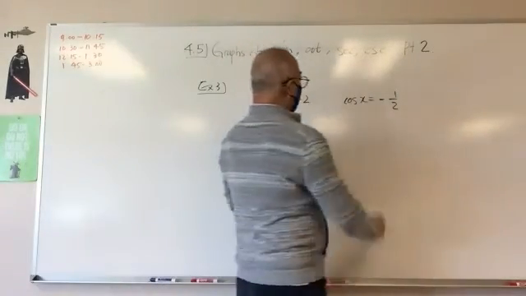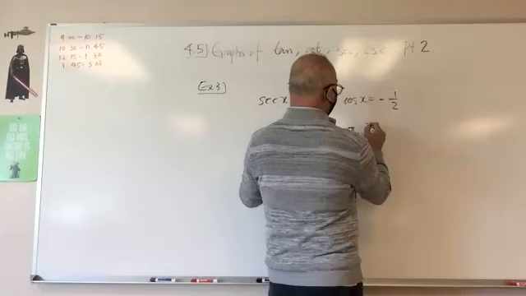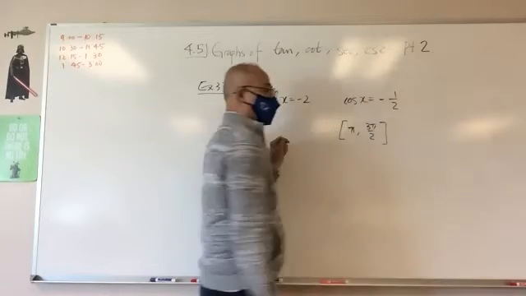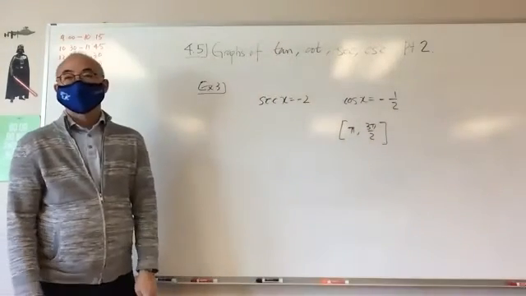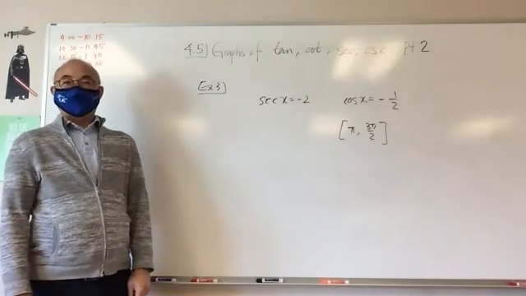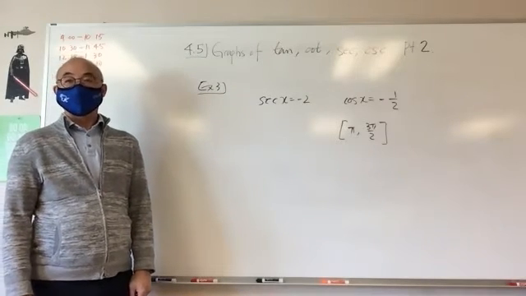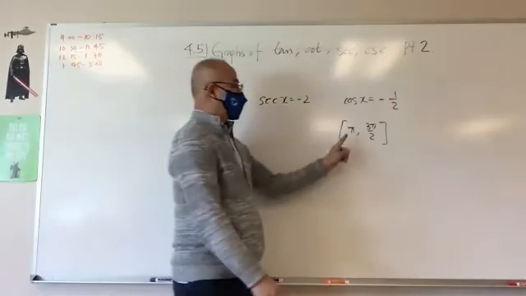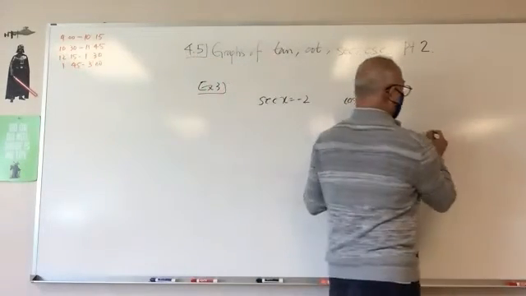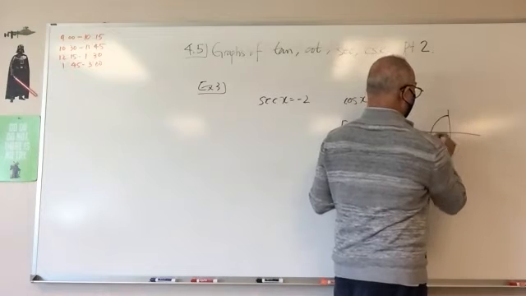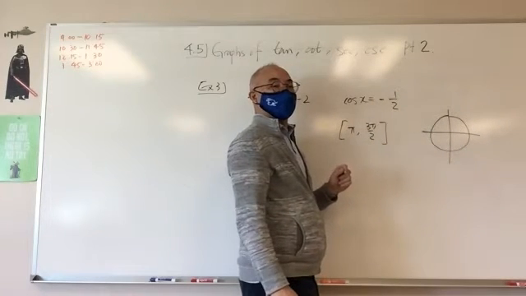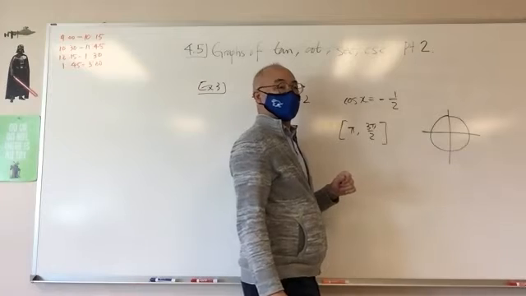But I'm looking for the value between pi and 3 pi over 2, which is which quadrant? The third quadrant, right? Because it's 180 to 270, correct? So what is that?